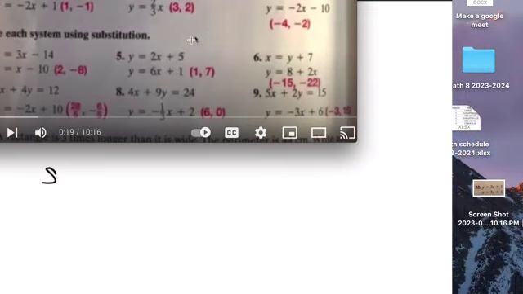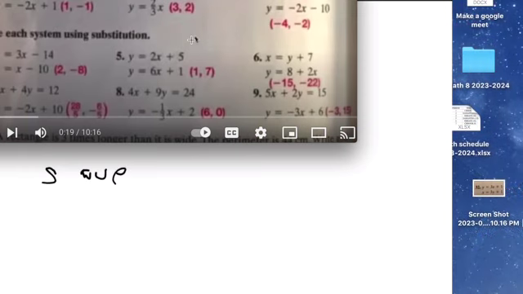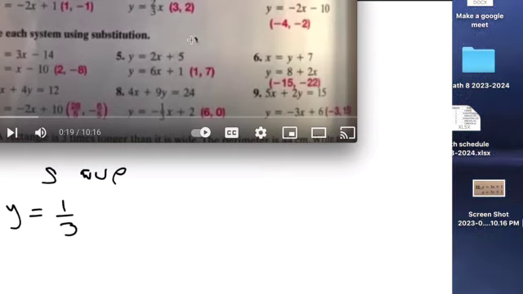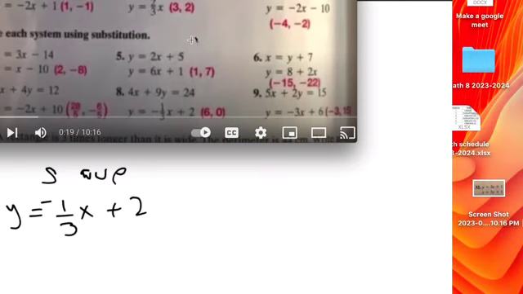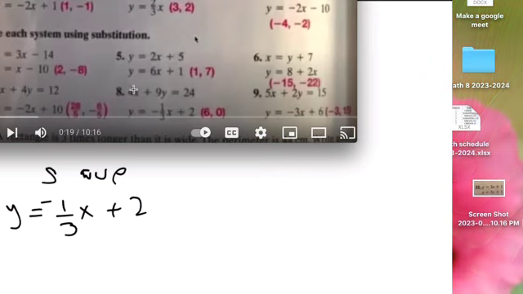I'm going to save the easier one of the two. I'm going to say y equals -1/3 x plus 2. That's still easier than that. I'm going to take that and put it into this one right here.